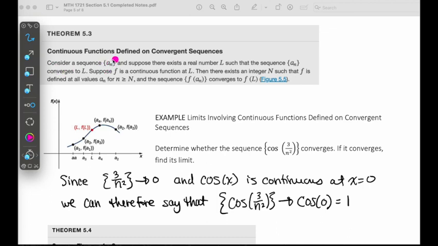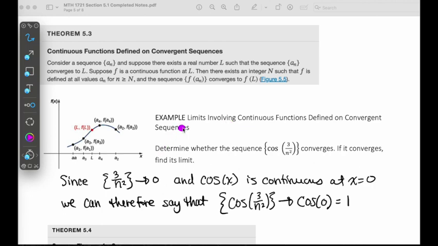If we have a sequence a_n, and we know that it converges to a limit L, and f is continuous at that limit L, then there exists an integer, capital N, such that f is defined at all values a_n where n is greater than or equal to N. And the sequence f of a_n, if we plug those terms into the function and define the values as a sequence, will converge to f of L. So the limit is what I get when I plug the limit into the function.